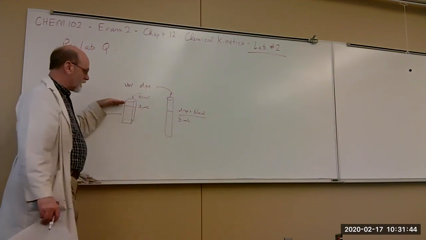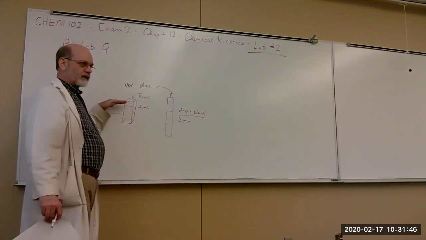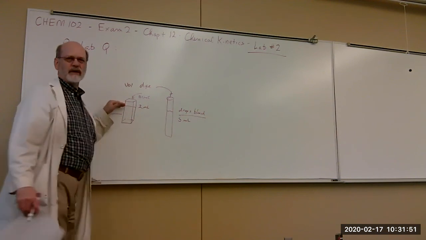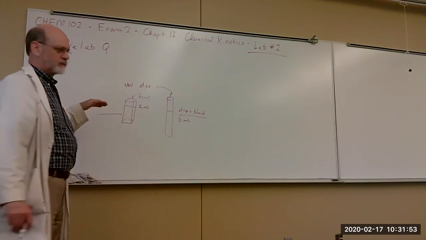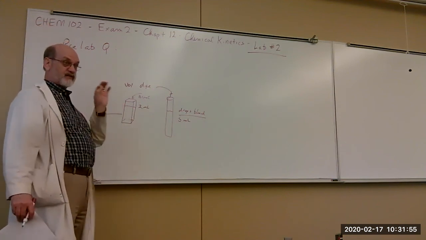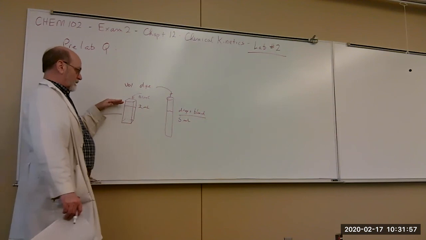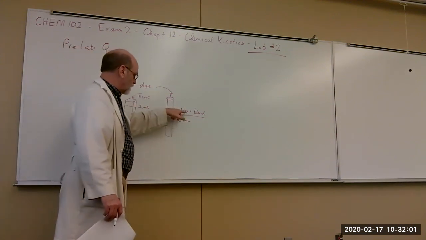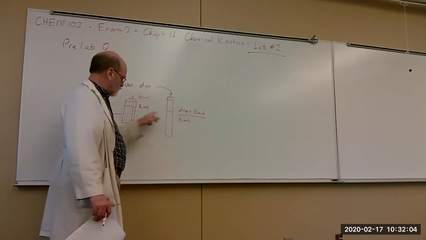So you fill this up with your dye, exactly 2 mils or 2.5 mils. Make it 2 mils, because I have a 2 mil pipette. But you want to know that exactly. Then you add the number of drops of bleach based on this ratio, right?